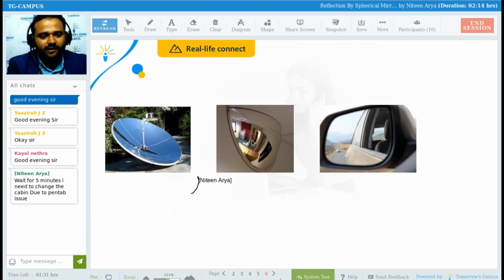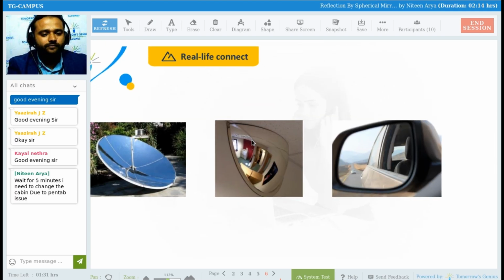Now this is the real life connect. As you see over here, what kind of mirror does it look like? It is a concave mirror. It is a convex mirror. It is also a convex mirror. Okay, so this one is concave. A concave mirror is like a dish antenna or any antenna which captures most of the light, or a solar panel also.